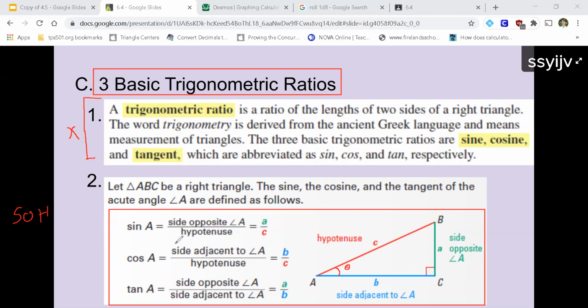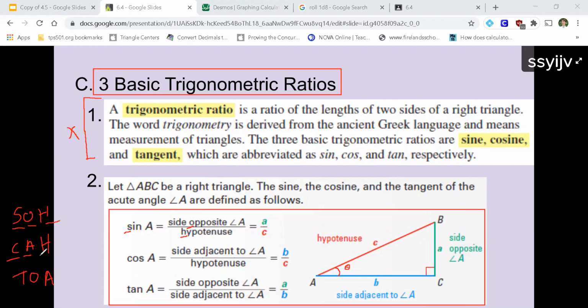SOH CAH TOA. This phrase, I've had people in this class at the beginning of every quiz, test, homework, they just write that on the top. SOHCAHTOA. It has all the formulas you need. The sine is the opposite over hypotenuse, SOH.